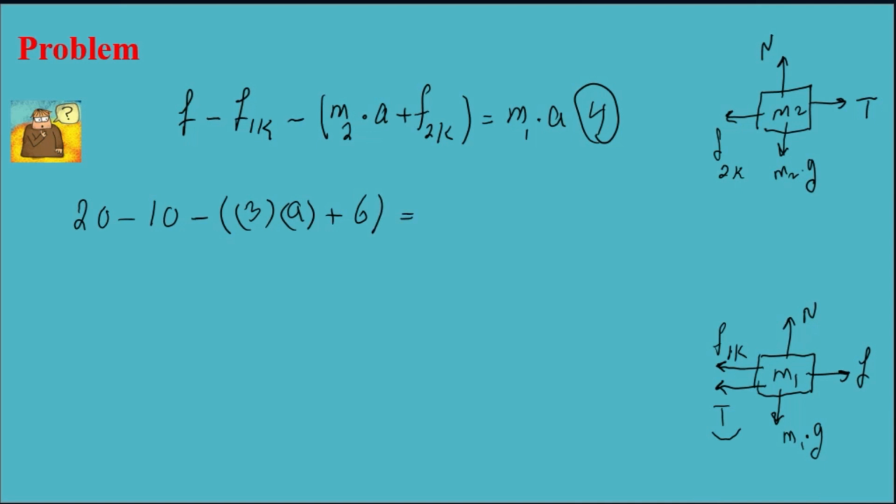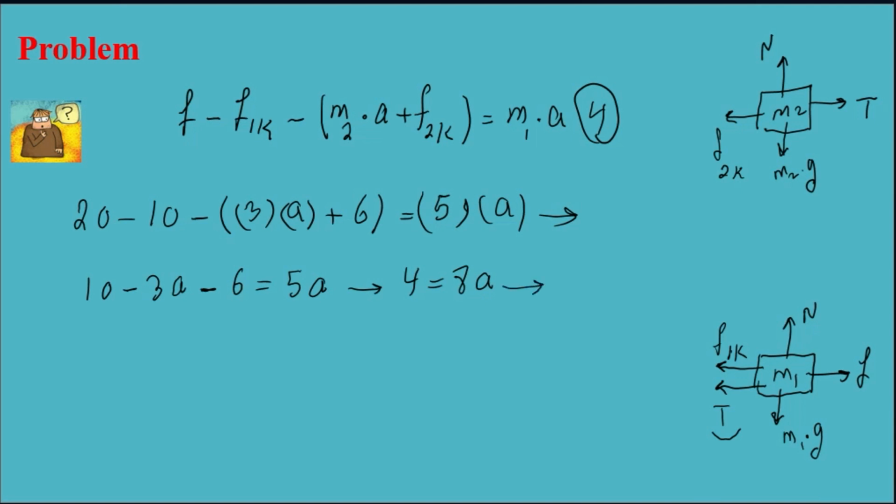My M1 is 5 kilograms and I don't know the acceleration, right? So if I do the math, here it is going to be 10 minus 3a minus 6 equal to 5a, right? So then it's going to be equal to 4.8a. Then my acceleration is going to be half. That's going to be my acceleration, in meters per second squared, right?